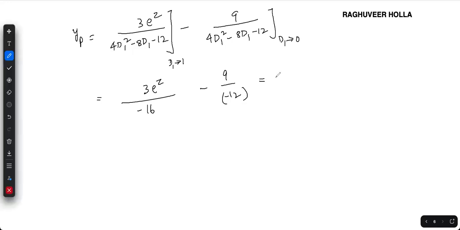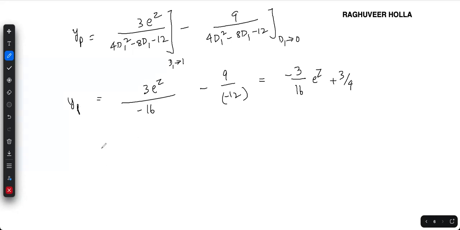So we can put this together as minus 3 by 16 e to the power of z plus 3 by 4. So this is your yp.